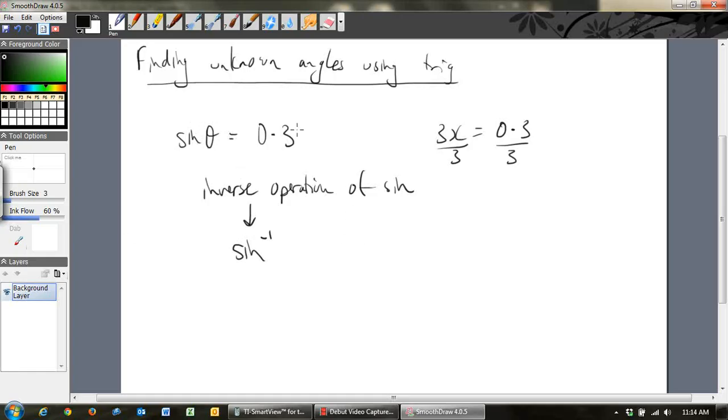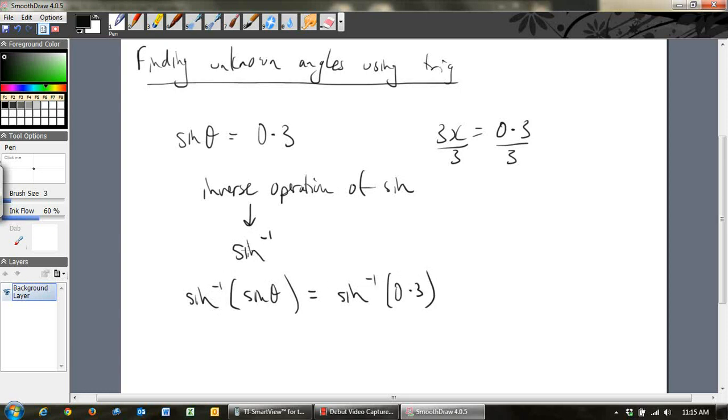So if you had sine theta is equal to 0.3, then what we do is we apply the inverse operation. We go sine -1 of sine theta equals, now because we applied the inverse operation to this side, we need to apply it to this side, sine -1 of 0.3.